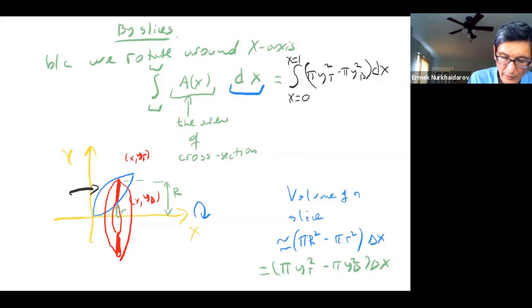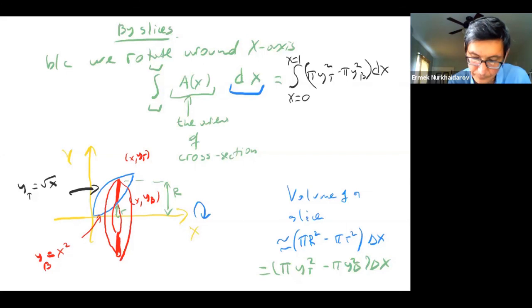An equation of this curve is y equals square root of x, and actually it's y top. Y bottom comes from that curve. An equation of that curve is y equals x squared, and actually it's y bottom equals x squared. So we're going to substitute: pi square root of x squared minus pi x squared squared dx.